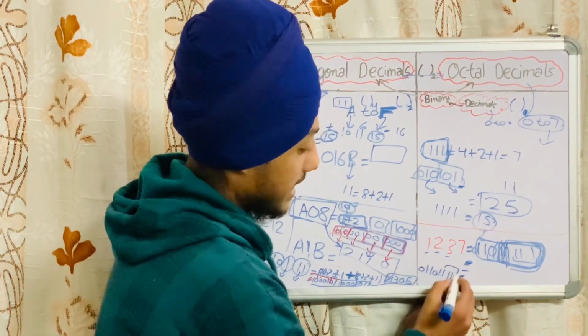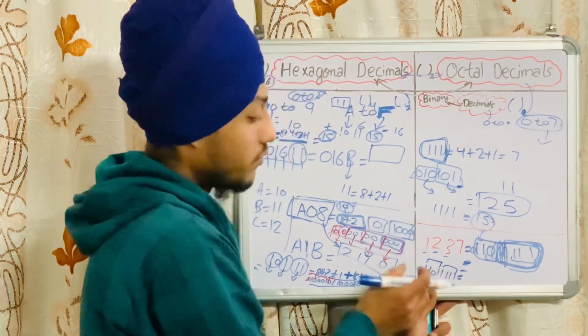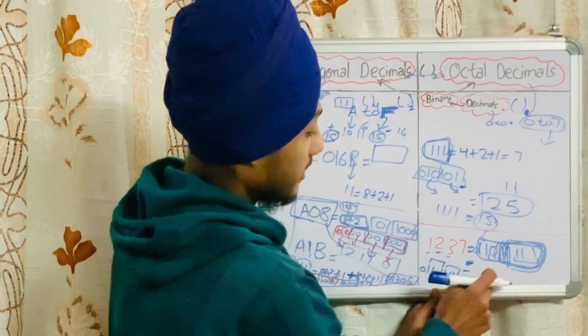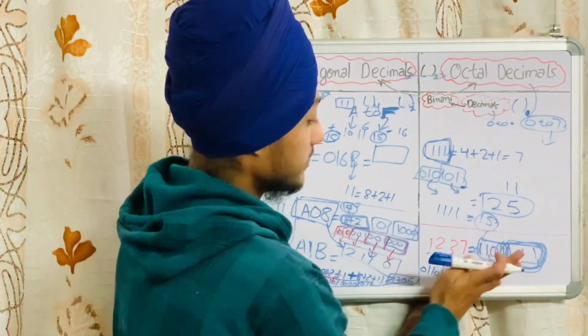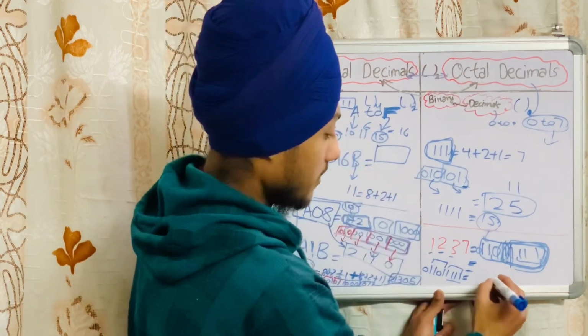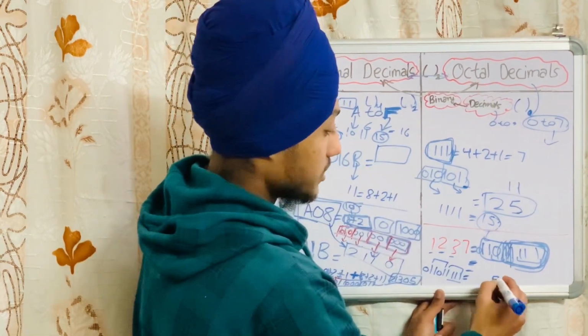So for the hexadecimal system, we take 4 parts. 4 parts, it is 15. We are not going to write 15 as it is; we're going to use its representation, its notation.